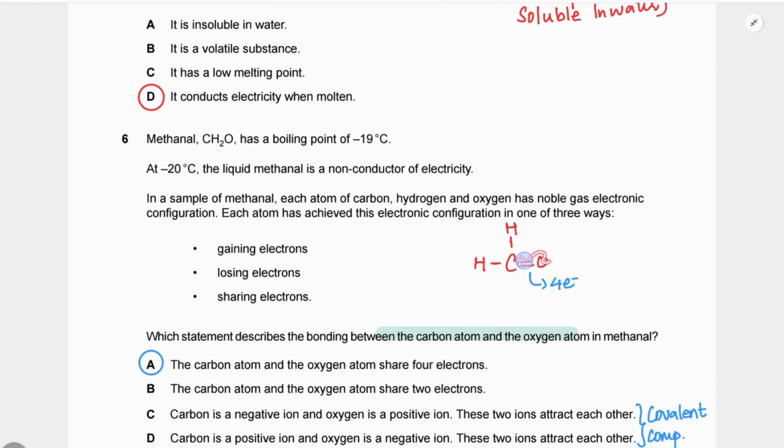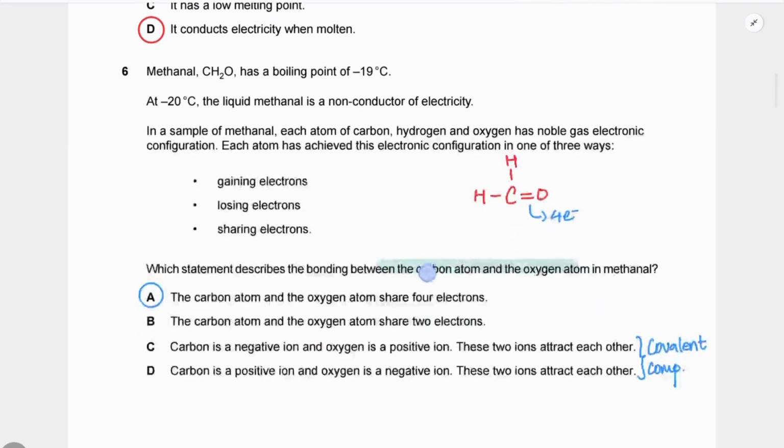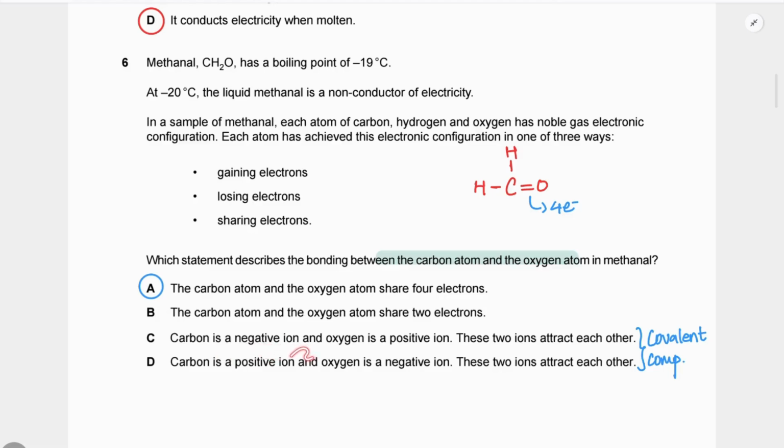They are sharing how many? 1, 2, 3, 4. A total of 4 electrons, which is correct. The carbon atom and oxygen atom share 2 electrons, which is incorrect. Carbon is a negative ion? No, carbon is not a negative ion. Carbon is a positive ion and oxygen is a negative ion, and these ions attract each other? No, they are covalent compounds. So this is incorrect. So the correct answer is A.